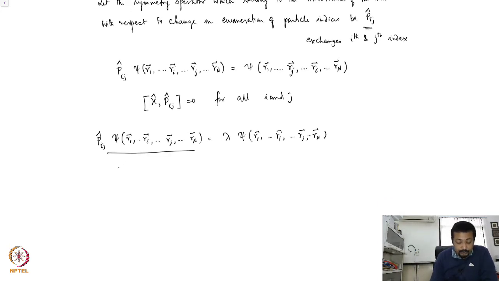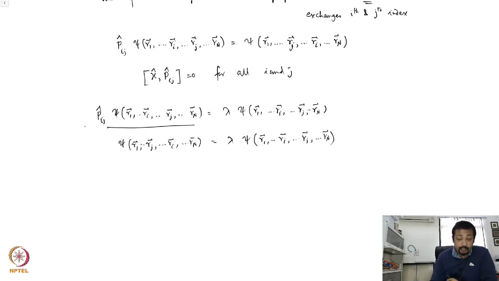But this operation gives me psi of r1, rj, ri, and then rn, which is lambda times psi of r1, ri, rj, rn.